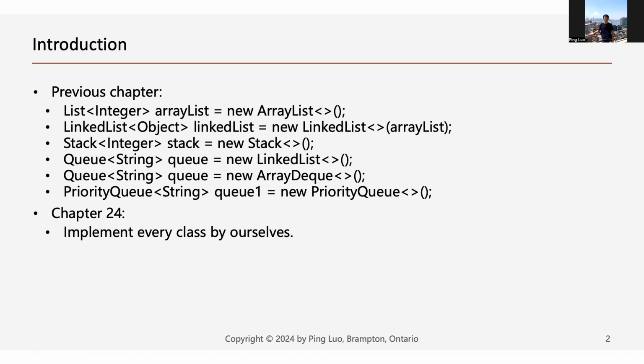Chapter 24 basically tries to implement every class by ourselves, assuming we don't have linked lists and all these things. So we need to do it by ourselves. This way, through this kind of implementation, we will be more familiar with these data structures and how to use them in future.